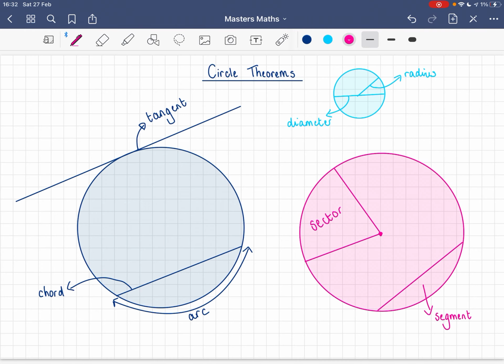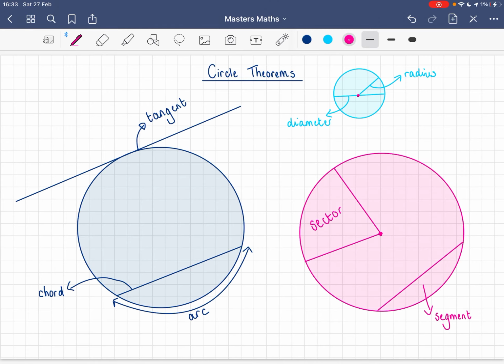So just to start off, I'm going to do a really quick recap of the different parts of a circle. I'm assuming we know most of these anyway, but just to refresh our memories, I am assuming that you know that the radius of a circle goes from the centre to the circumference, and the diameter goes all the way across the circle through its centre. I should have made it clear where the centre was there.